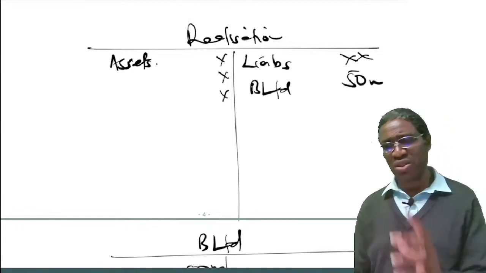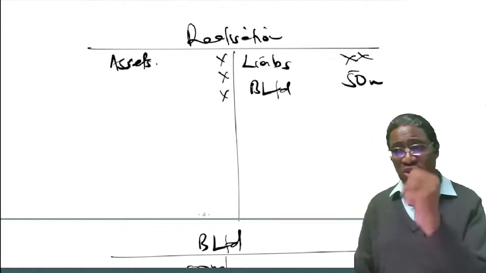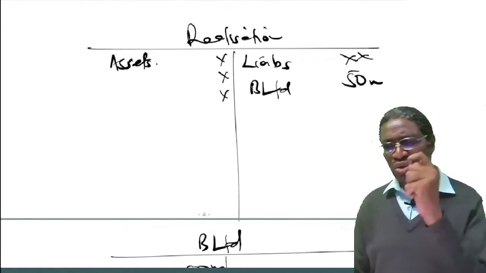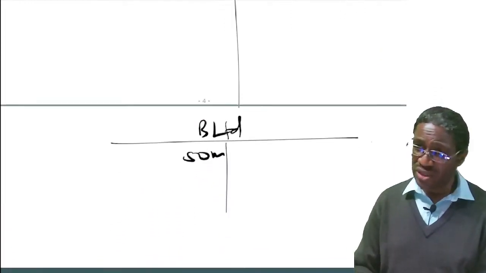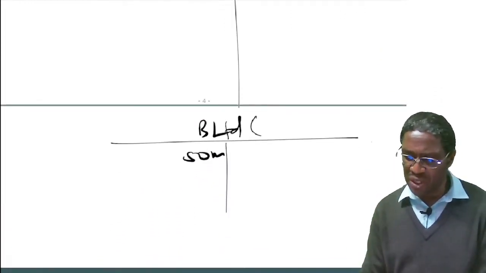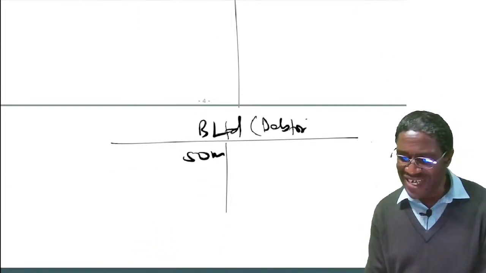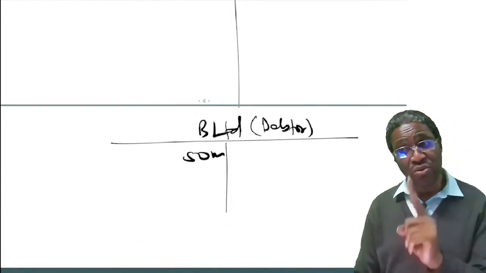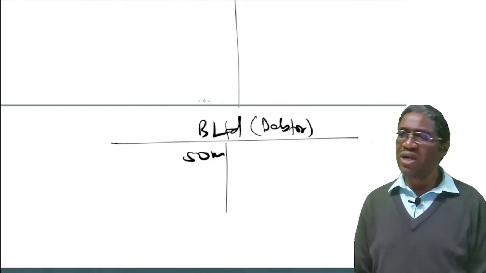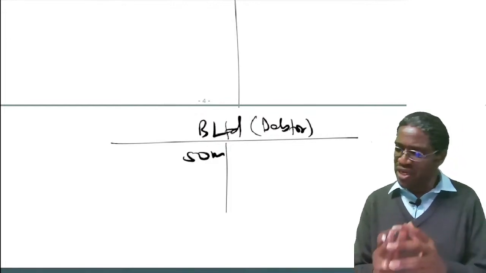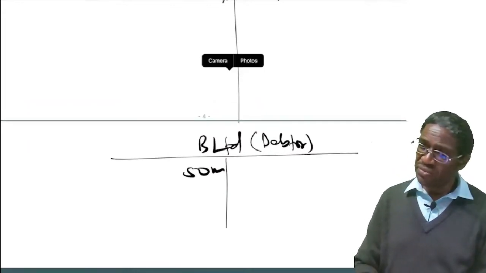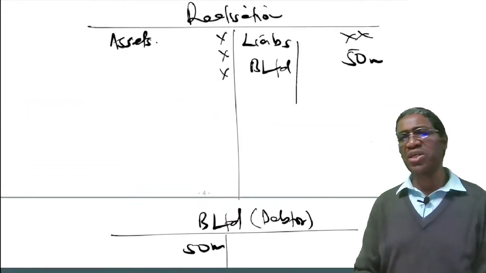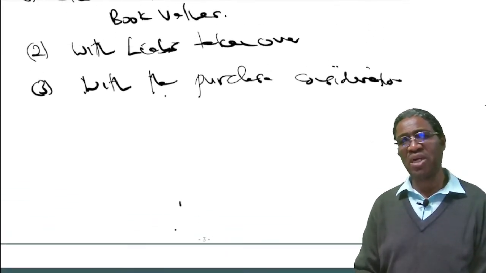By debiting this purchasing company, we are creating a debtor. They are not paying me now, they will pay me later. So I debit the purchasing company and I credit realization. That's our step number three.